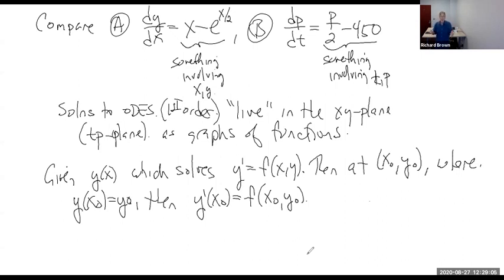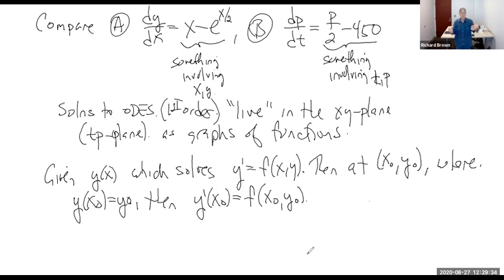So if I want to understand how solutions behave for a particular differential equation, and I have no idea how to solve it, I can still take a point where the solutions live and calculate the slope of a solution curve at that point, and I can do that for a whole little grid of points.